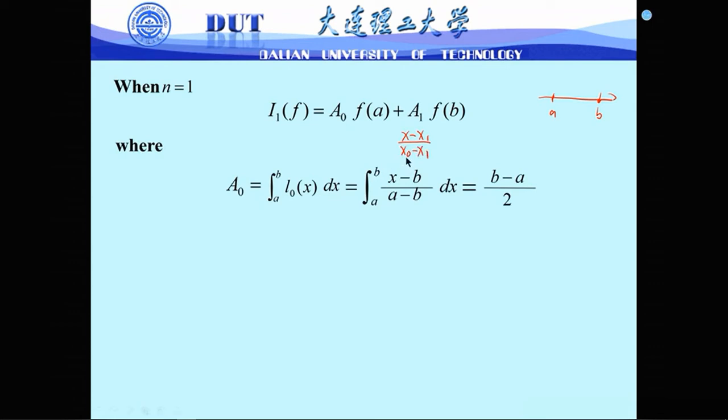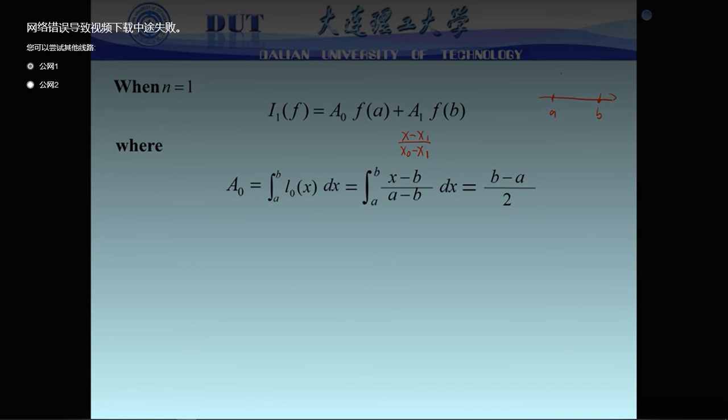It's okay? x_0 is a, x_1 is b. Okay, it is easy to compute the integral. You will obtain (b minus a) over 2.